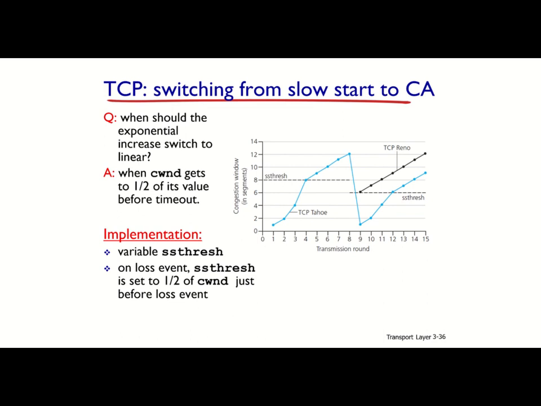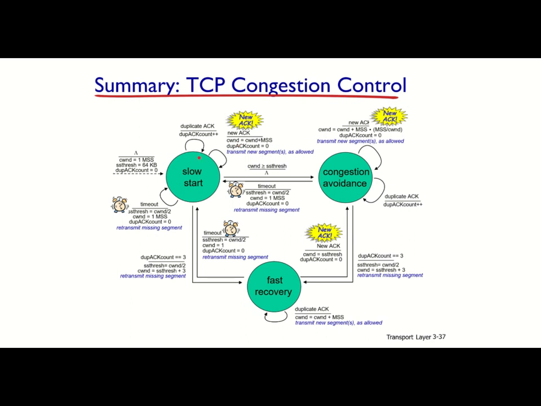So in this FSM you can see details of the TCP congestion control mechanism. There are 3 states. One is slow start, in which we exponentially grow the congestion window size. Another state is congestion avoidance.